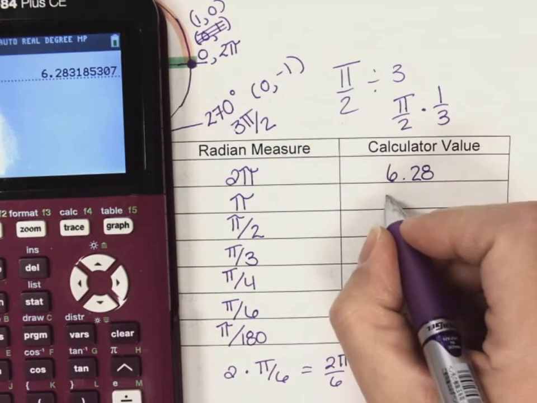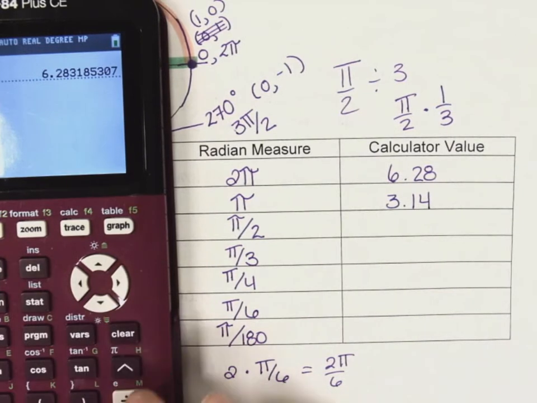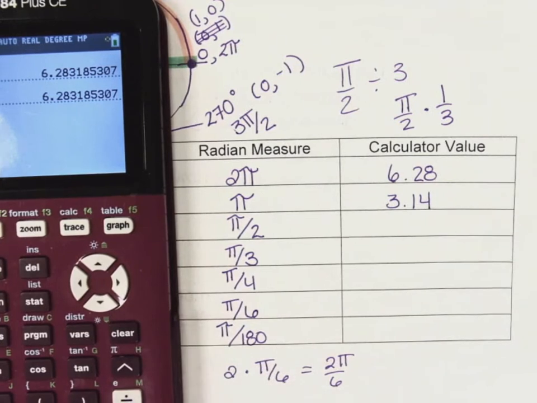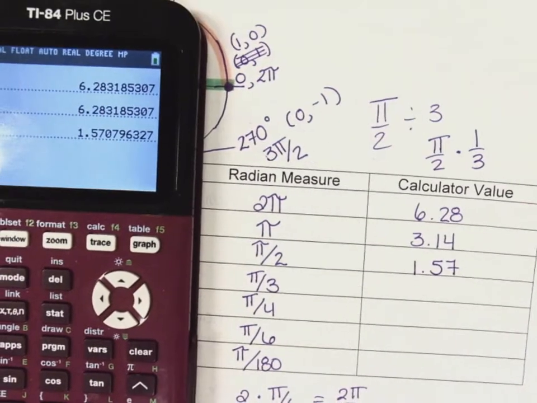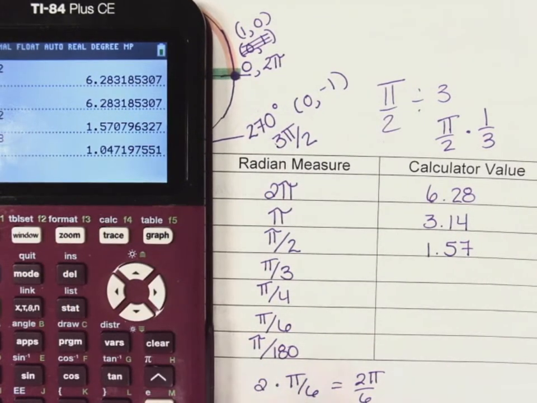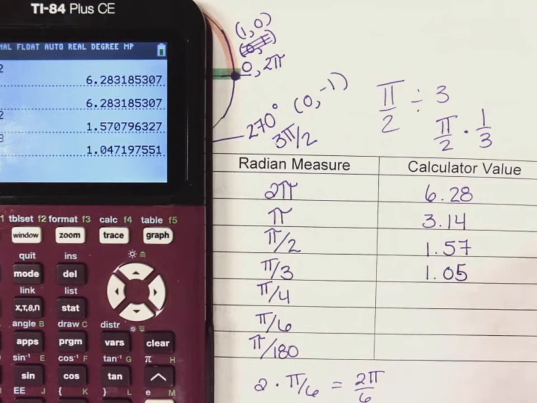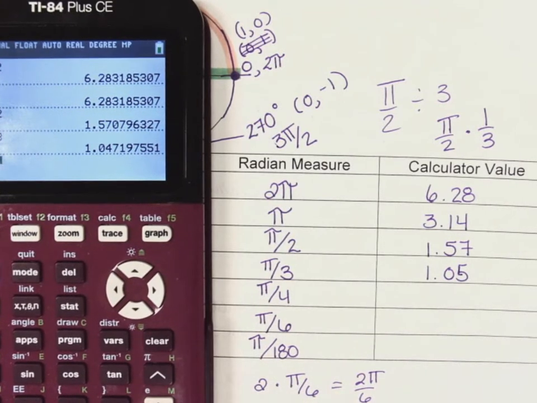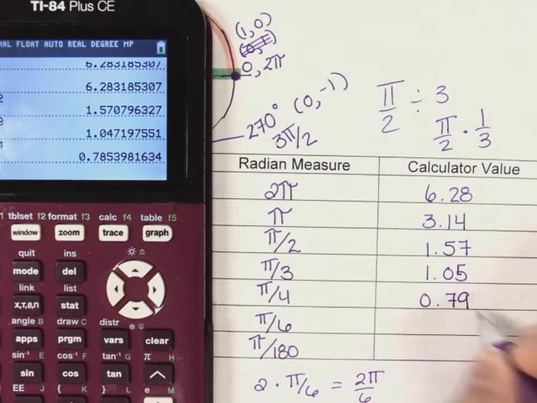Pi, what's pi? 3.14. So now pi divided by 2, I'm going to get 1.57. And then pi divided by 3, 1.05, because I'll round. And then I've got pi divided by 4, 0.79.